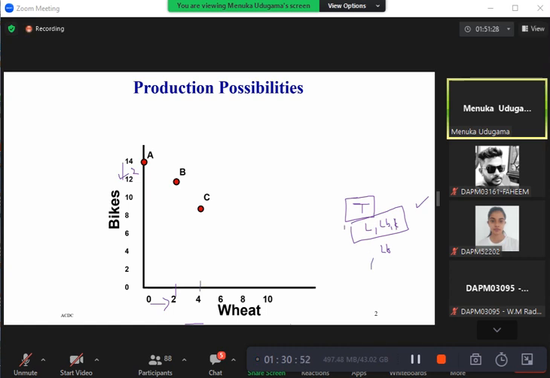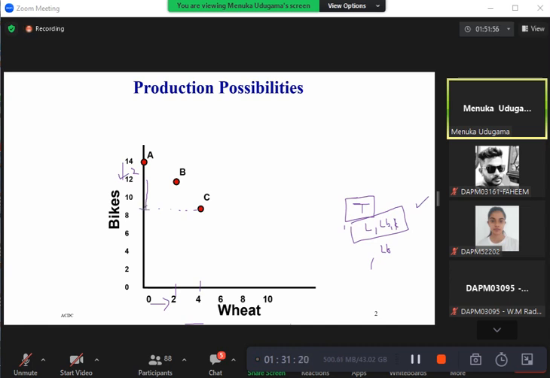4 units. So what happens here? Now, when you produce 4 units, you can see the number of bikes has gone down from 12 to 8, isn't it?